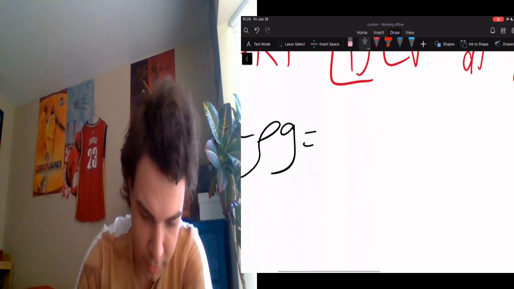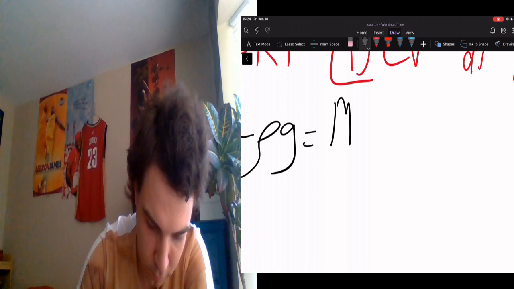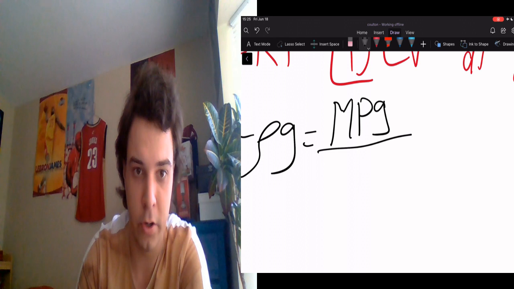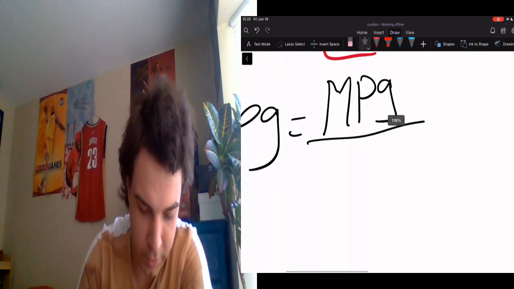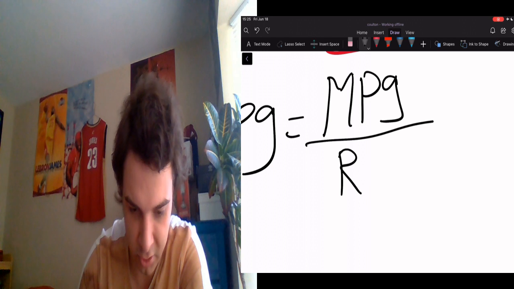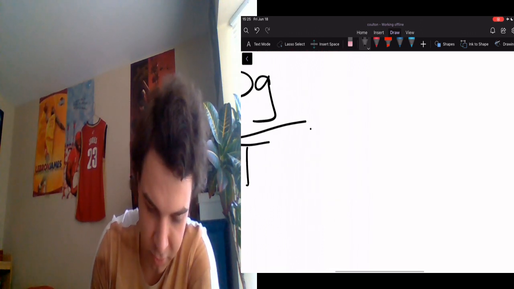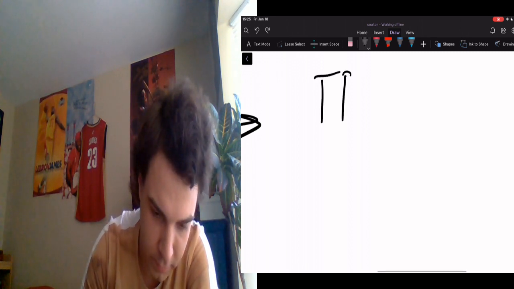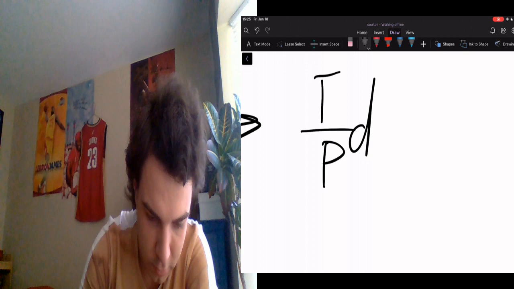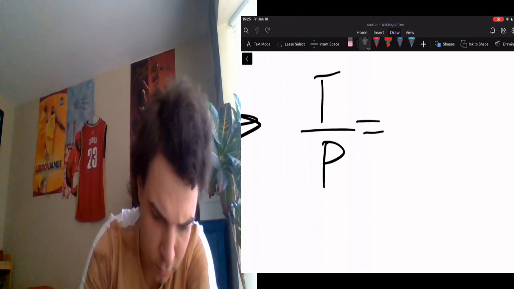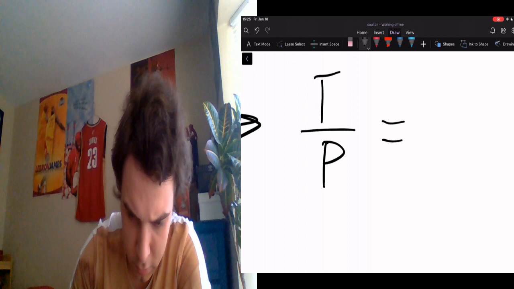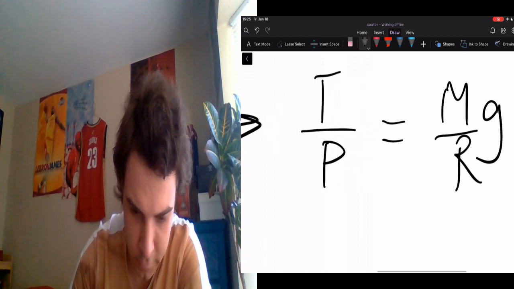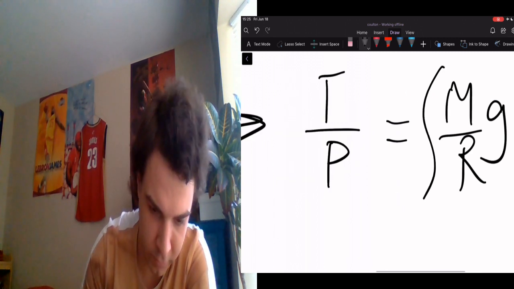And we're going to rearrange that a little bit to make it M p g, which is M is molar, the amount of moles, which will be 1, but we're not plugging numbers in, over RT. And then we can rearrange this again and get T over P equals M over R G, and we can take the integrals of these.